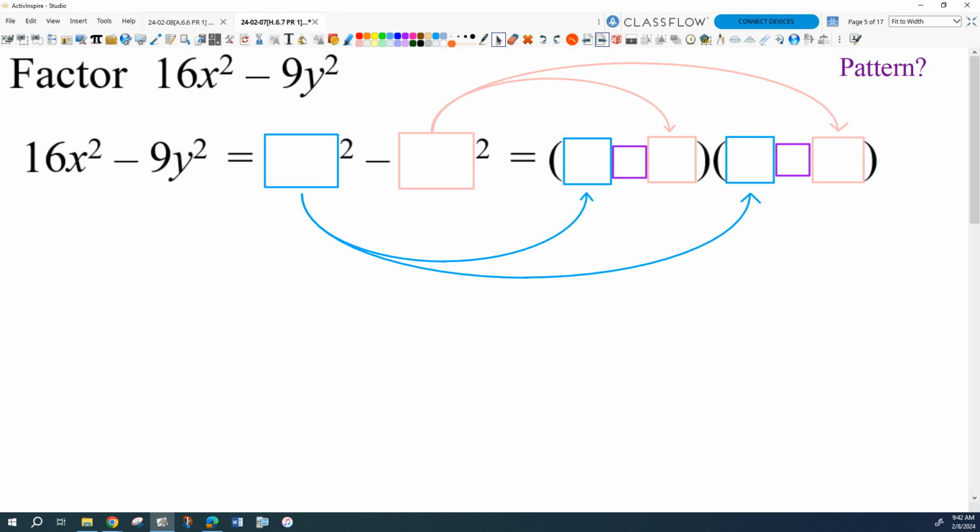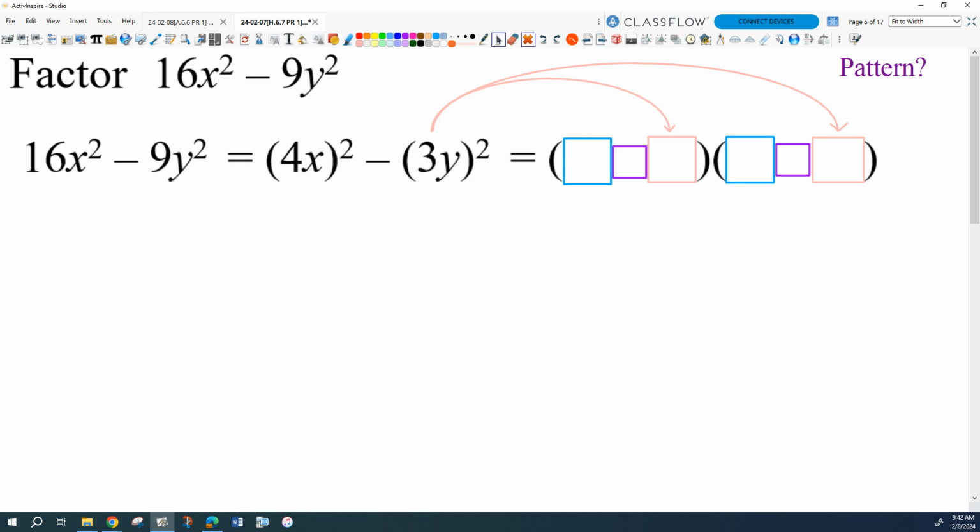Okay. What about this one? 4x and 3y, yeah. Four x and 3y, and 4x minus 3y times 4x plus 3y, or vice versa, doesn't matter. Okay.